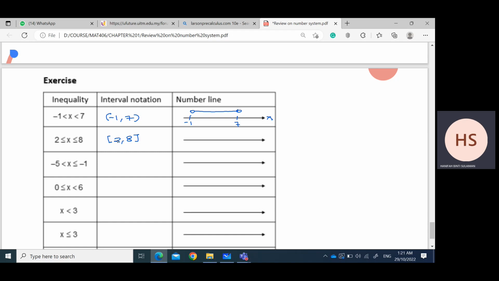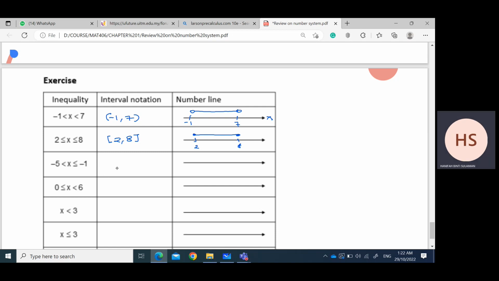Kita baca daripada kiri ke kanan. Forming into a number line, the minimum number for x is 2 and it goes to 8. Bila touch, bullet tu kita colorkan. So this is the number line for 2 to 8.